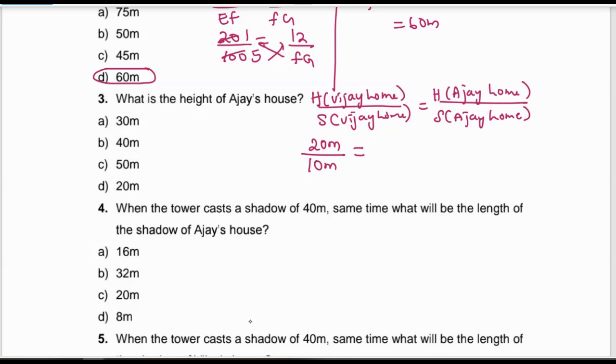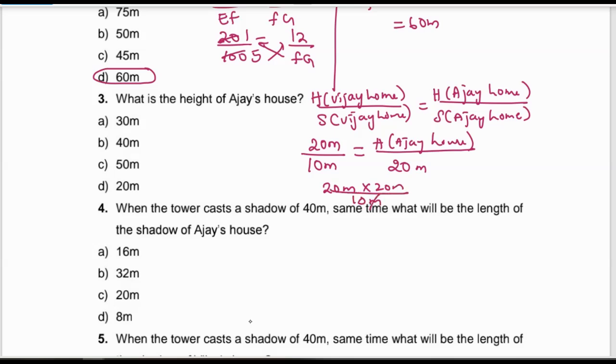Then the height of the Ajay house is X. We don't know, we'll find the height of the Ajay house. Height of Ajay house divided by, home or house is the same. Then what is shadow? Shadow was 20 meter. So now what happens? Then cross multiply, we get 20 meter into 20 meter divided by 10 meter.